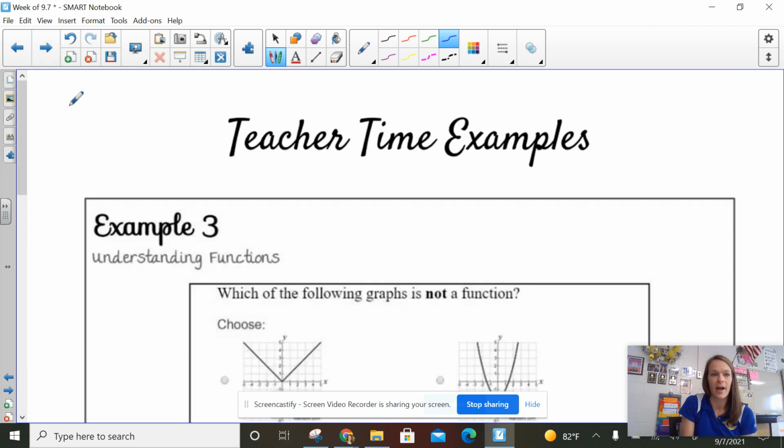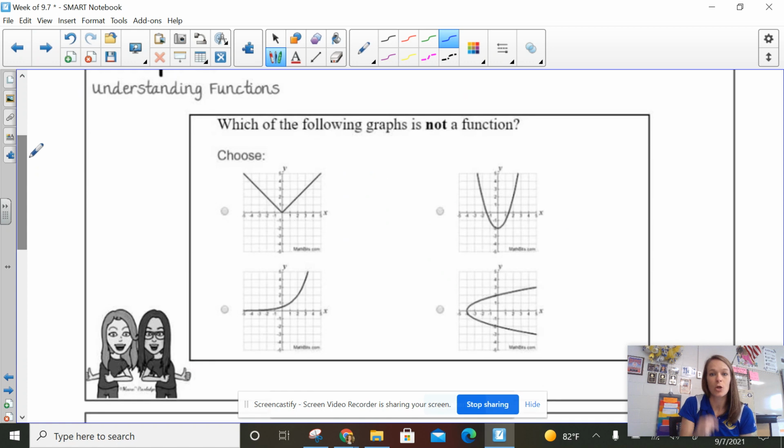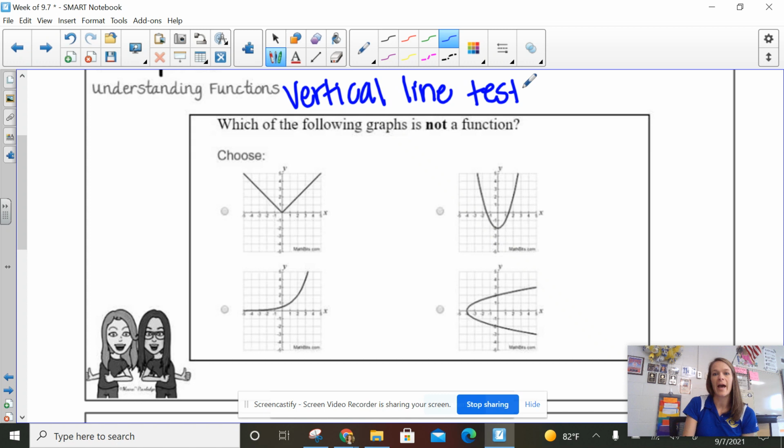Now, as far as looking at a graph, you want to do a vertical line test. If you draw a vertical line and it only passes through your graph one time, it is a function. If it passes through your graph more than one time, then it is not a function. So like here, anywhere I draw a vertical line, here, here, here, it only passes through that graph one time. Same thing here.